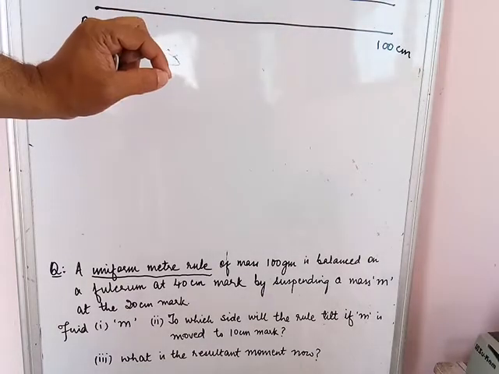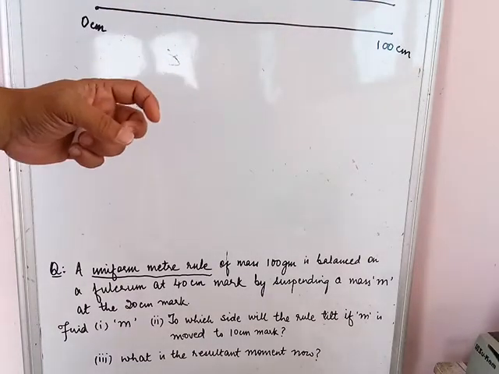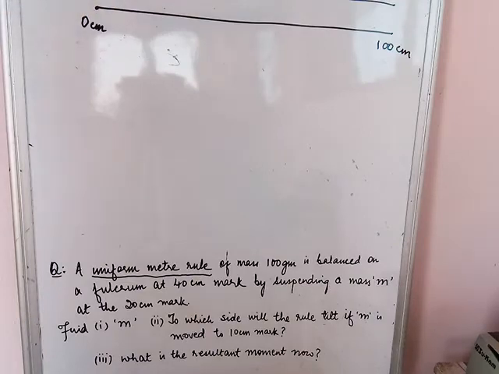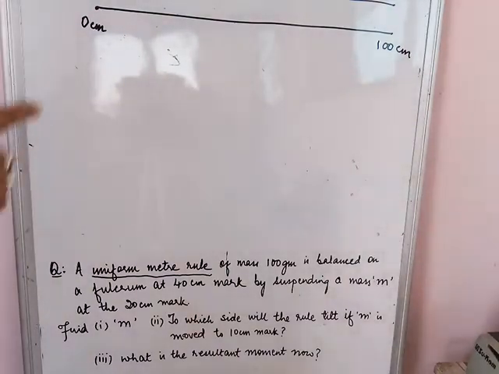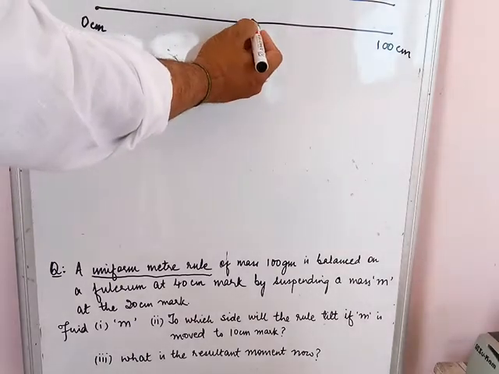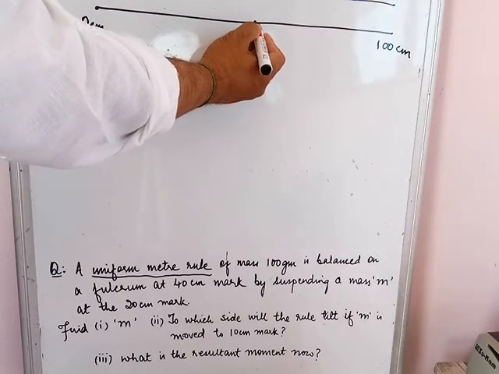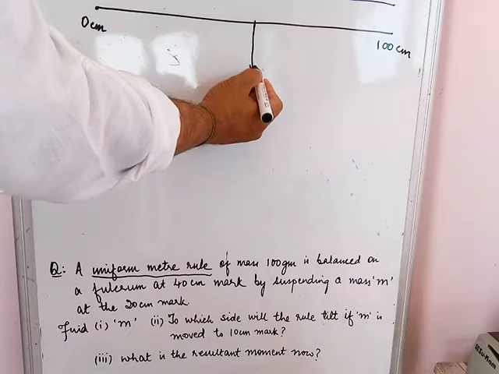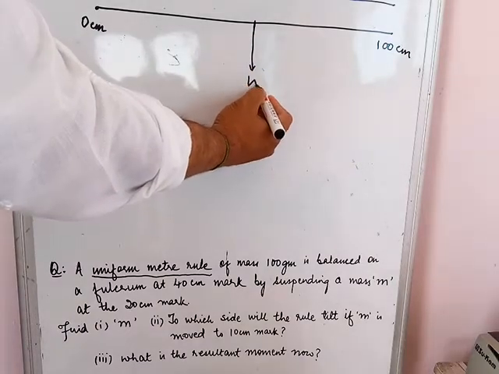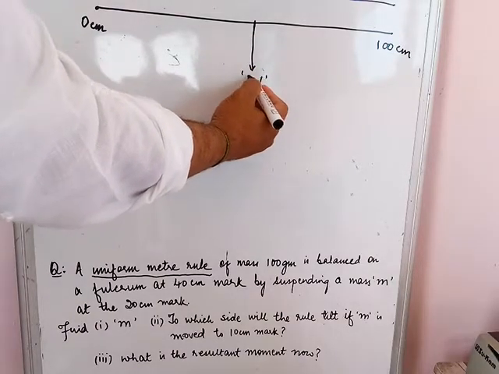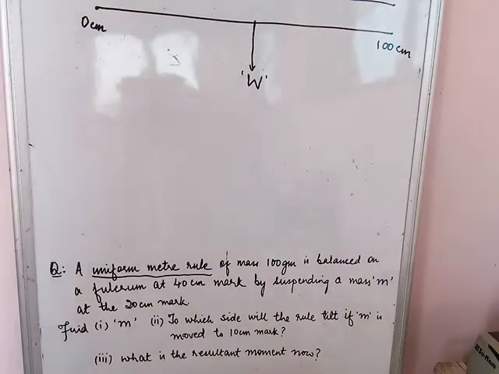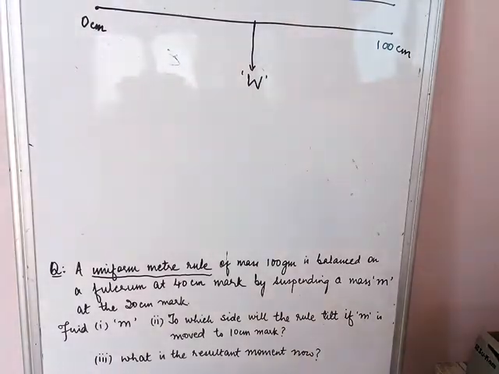What is important about a ruler being uniform is that its center of gravity falls right in the middle of the ruler. So this is what a uniform meter rule is going to be, and at the 50 centimeter mark, which is right in the middle, you will have the weight of the ruler acting right at the midpoint.